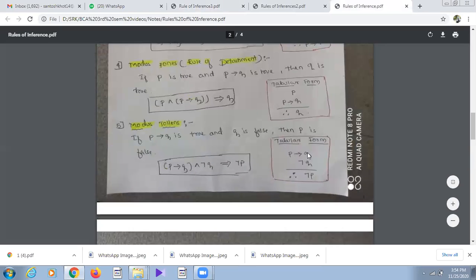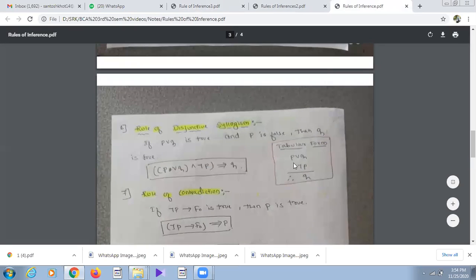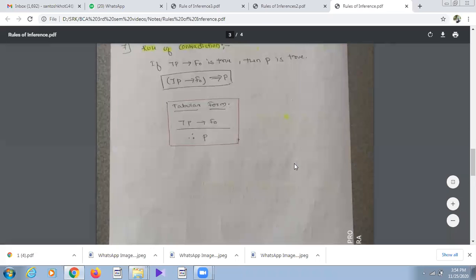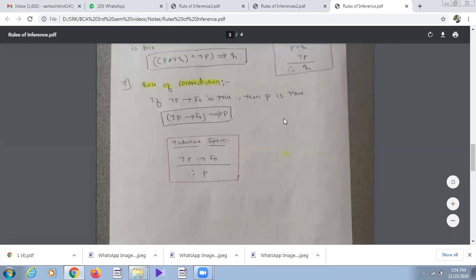Next, modus tollens has P conditional Q, but here instead of Q we would need negation Q, so modus tollens is not possible. Next, P or Q is also not possible, and the rule with negation is also not possible.